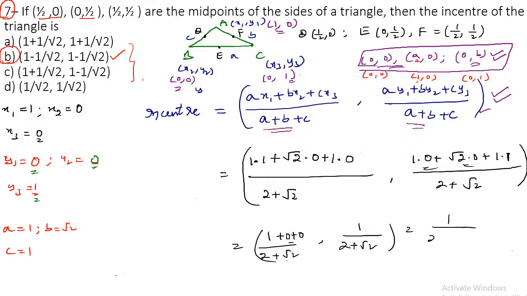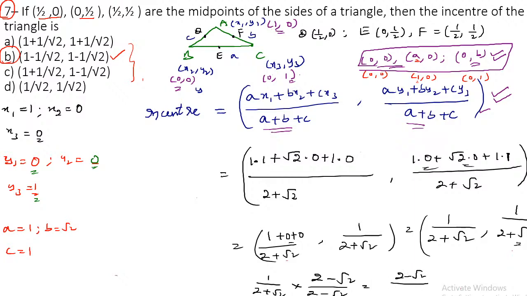So what we got is the same answer as we got in the earlier method, 1 by 2 plus root 2 and 1 by 2 plus root 2. So we multiply denominator and numerator by 2 minus root 2. 1 by 2 plus root 2 into 2 minus root 2 by 2 minus root 2, which is equal to 2 minus root 2 by 2 square minus 2, a plus b into a minus b, a square minus b square. 2 square is 4 minus root 2 whole square is 2.